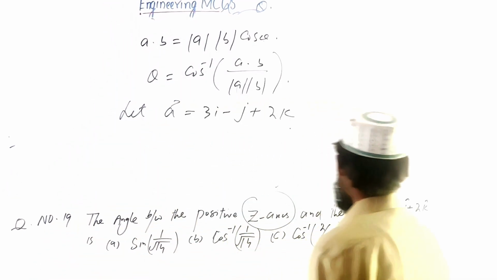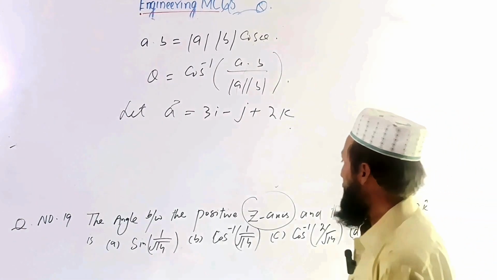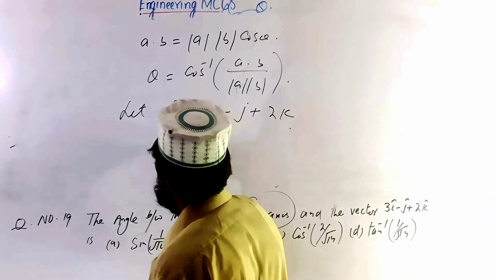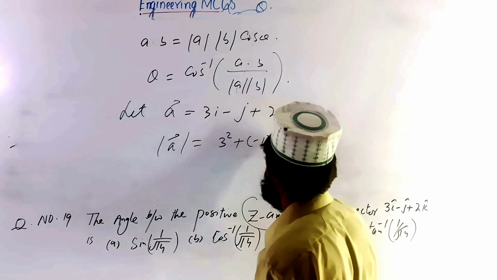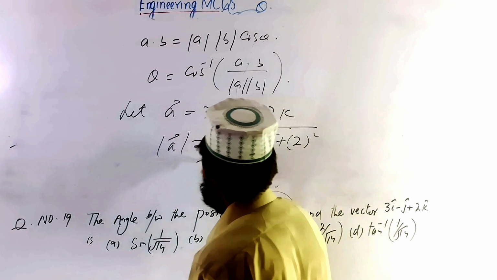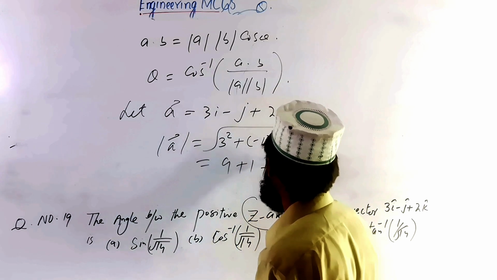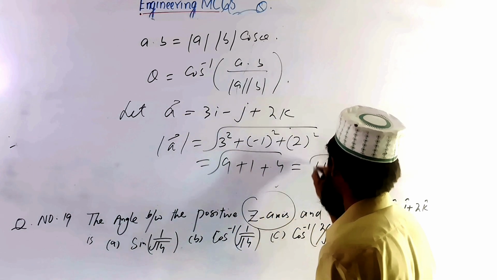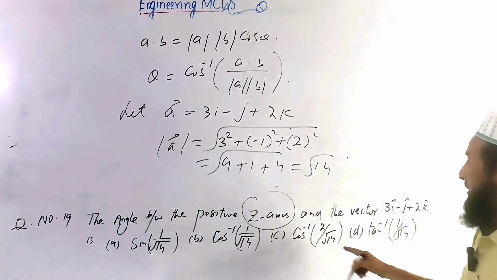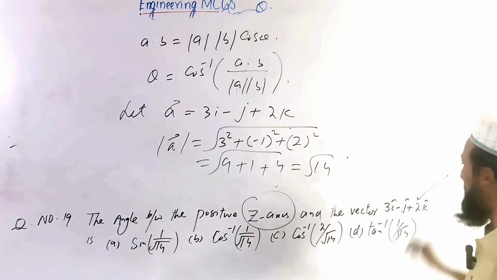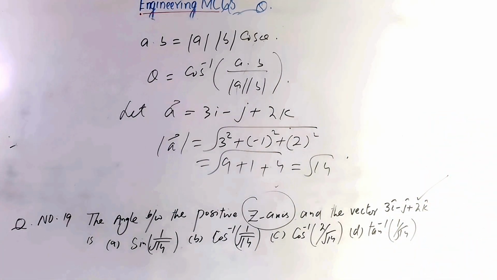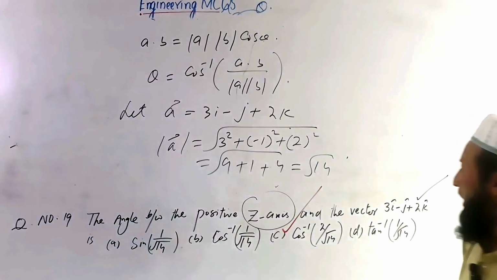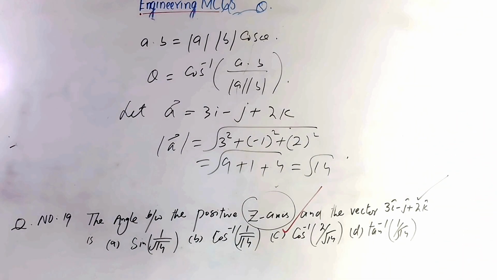The magnitude is the square root of 3 squared plus minus 1 squared plus 2 squared, which is 9 plus 1 plus 4, the square root of 14. Along the z-axis we have 2k, so the result is cos inverse of 2 divided by root 14.